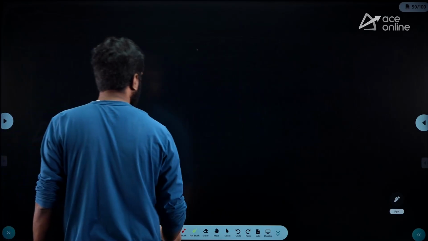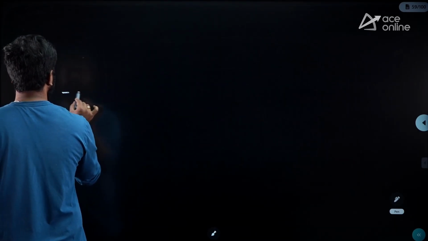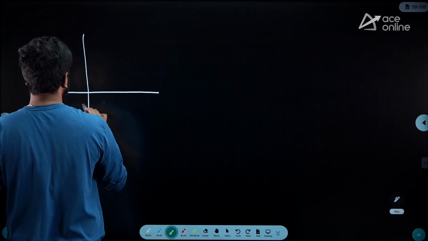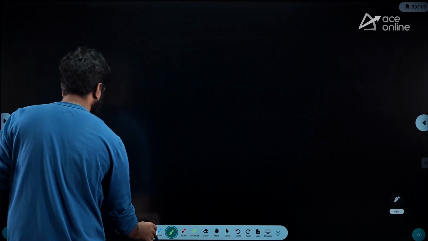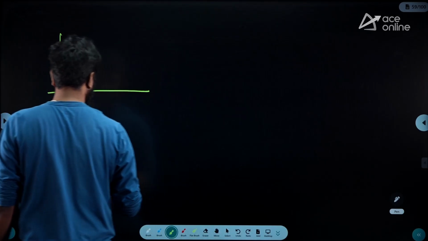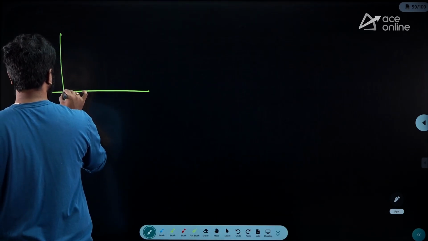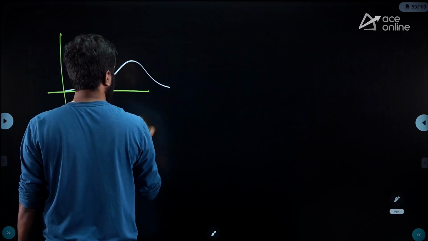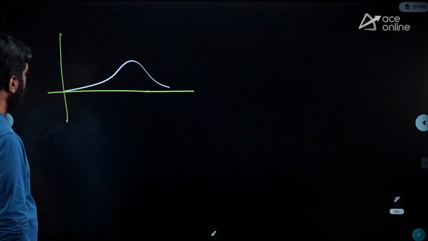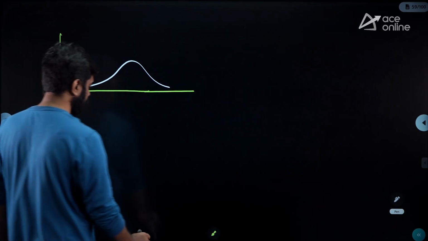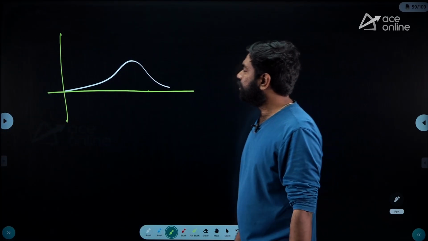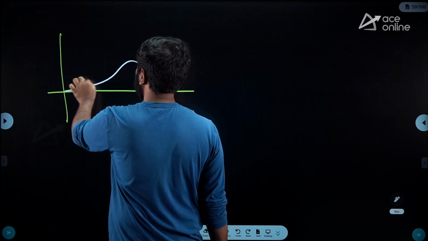So maybe here I would like to give you a recap of this data. How many of you remember this, and what do you call this data? Do you remember this? Is this a symmetrical graph? Tell me, what kind of graph is this? It is left skewed because you have a larger tail on the left side.